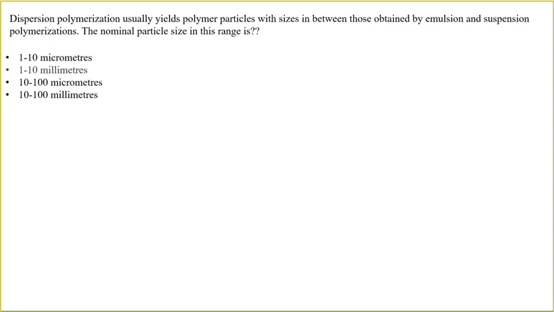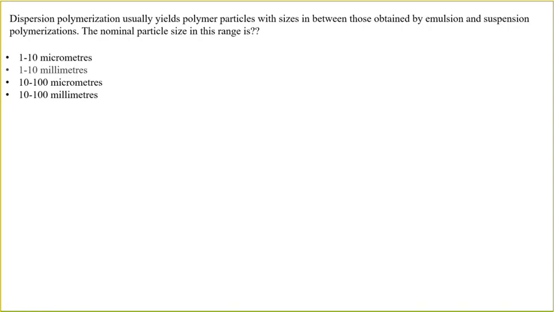Next we have: dispersion polymerization usually yields polymer particles with sizes in between those obtained by emulsion and suspension. If you know about emulsion and suspension polymerizations, emulsion polymerization particle size lies between 1 to 10 micrometers, and suspension polymerization is between 10 to 100 millimeters.